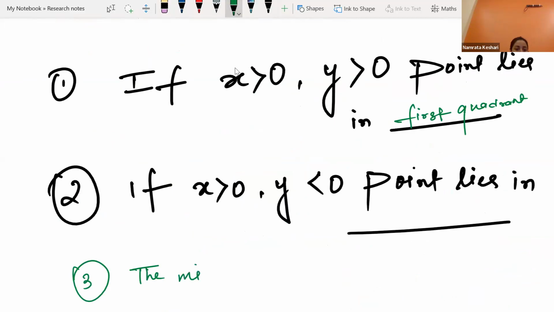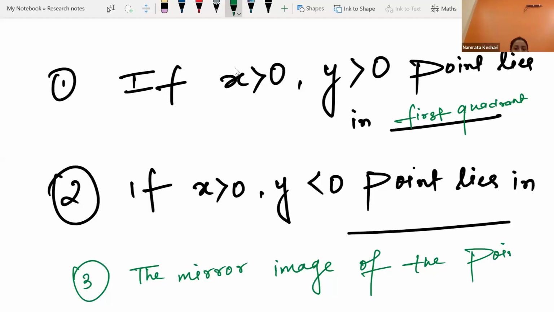And the second will be the fourth quadrant. Yes, everyone. Are you getting it? Yes, ma'am.